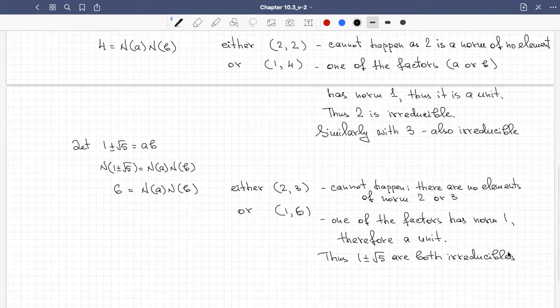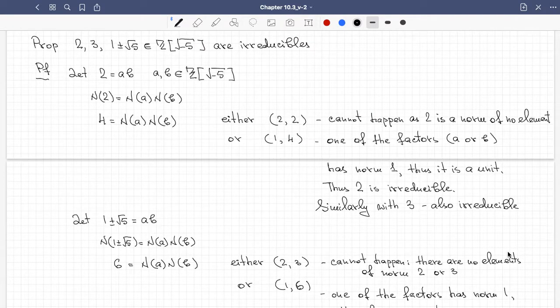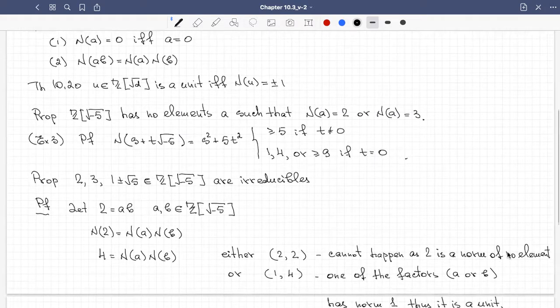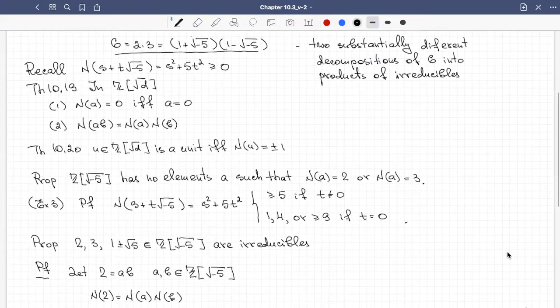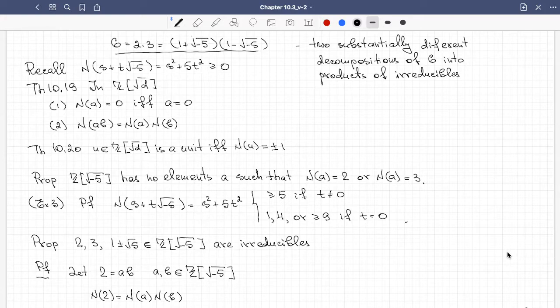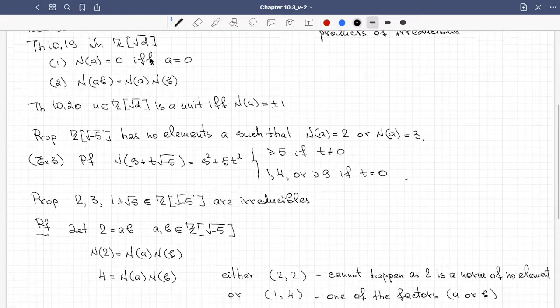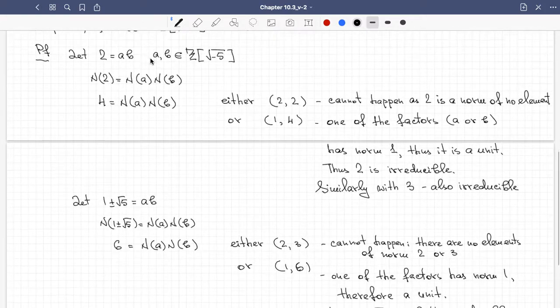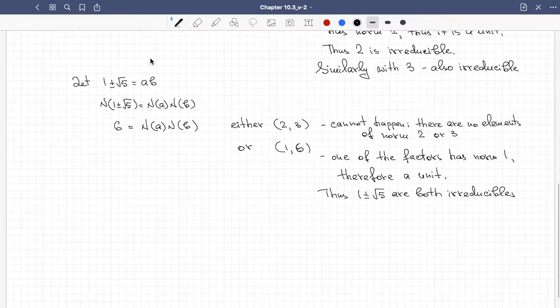So, one more thing to check is maybe this is still the same decomposition. Maybe 2 is an associate of one of them and 3 is an associate of another one. Let us check that this is also not the case.